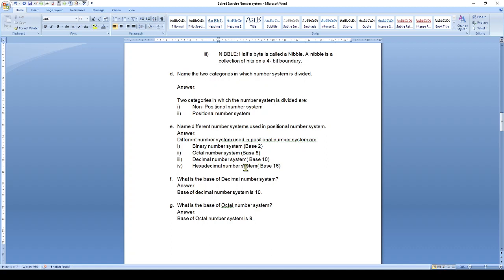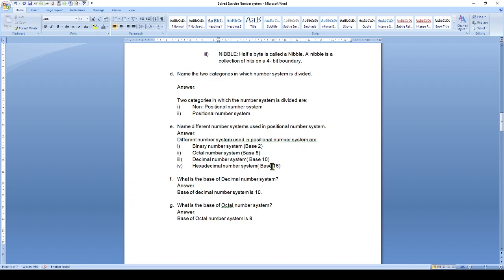It's better to say symbols than digits because not all are digits, there are also letters used in a hexadecimal number system. As you know, 0 to 9 are the numerals that are used, and A to F are the letters that are used. Capital A to capital F represent 10 to 15.